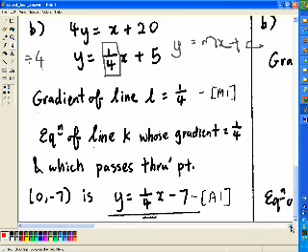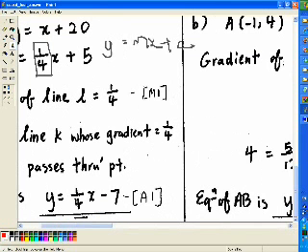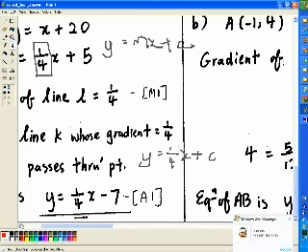I also mentioned that after this step, you write down the equation y equals 1/4 x plus c, and then you put in your values of the point that the line passes through.